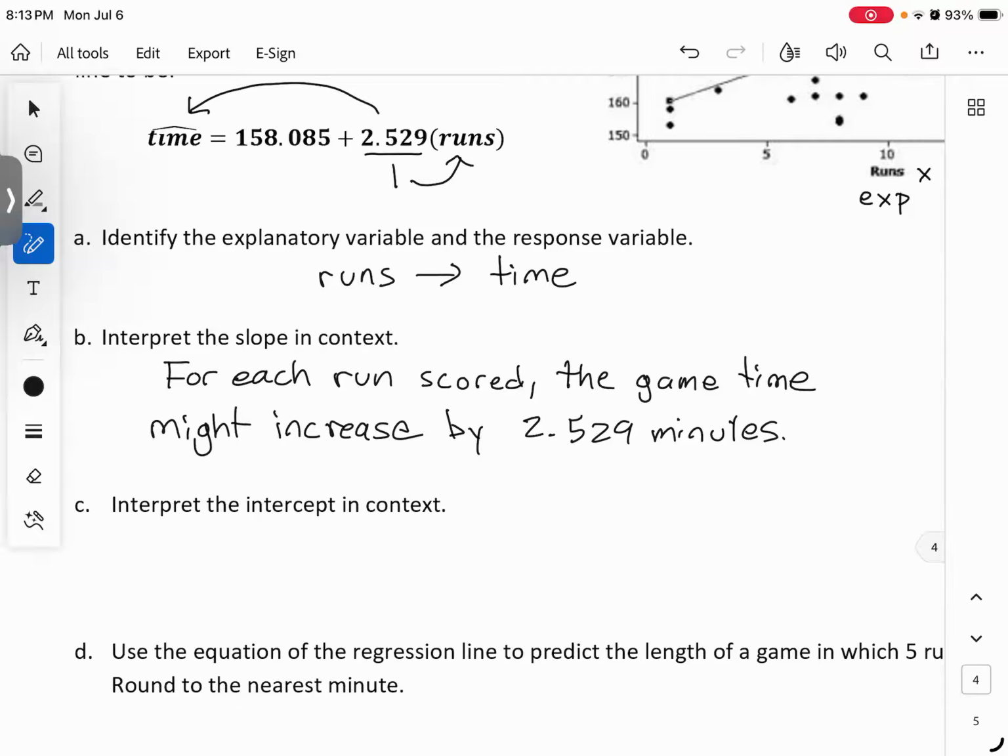And then for the intercept, again, if you looked at some of the earlier examples, that's when we were mentioning zero. If no runs are scored, or if 0 runs are scored, the game might last 158 minutes.